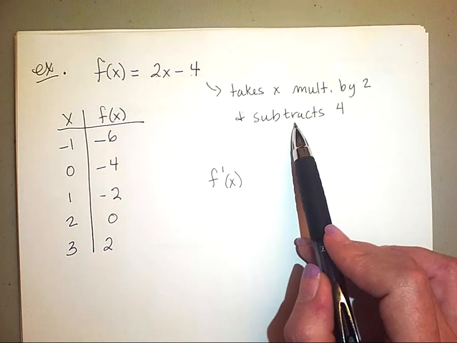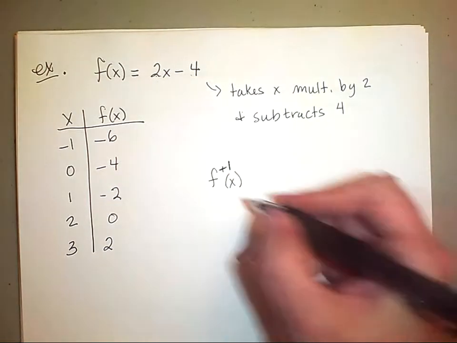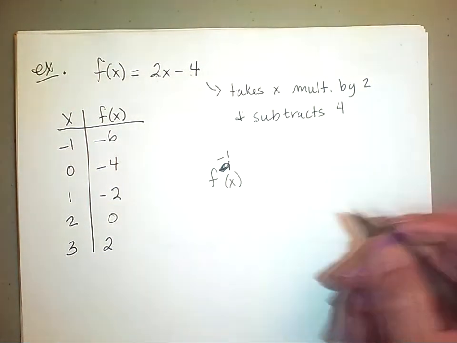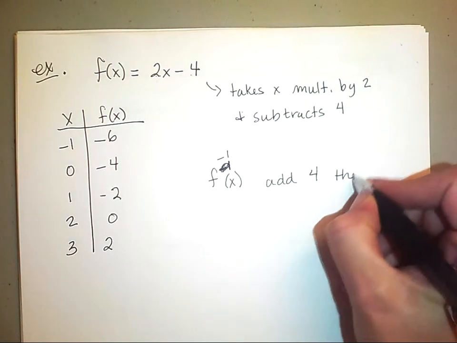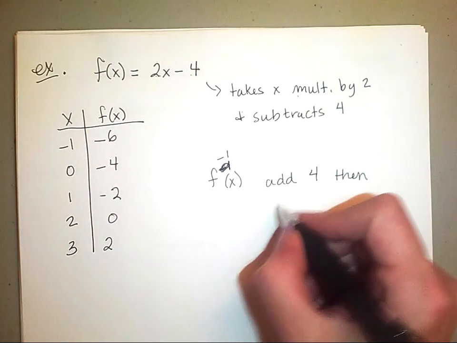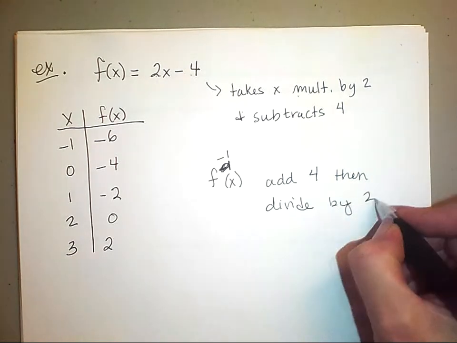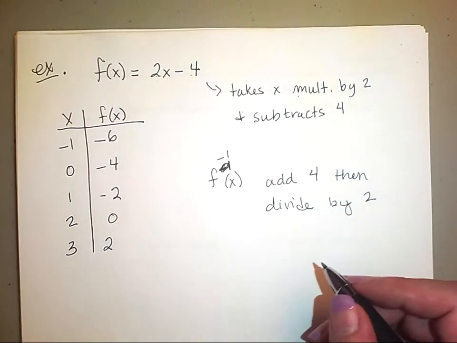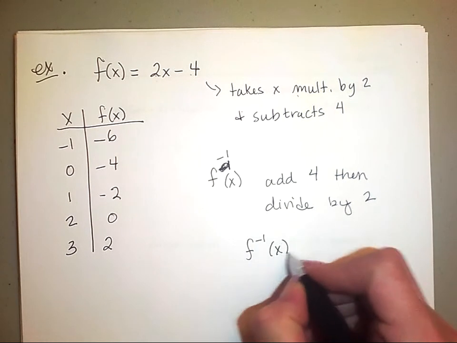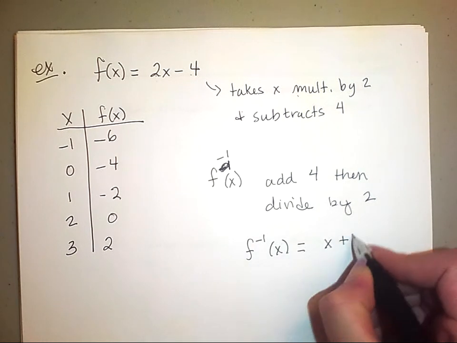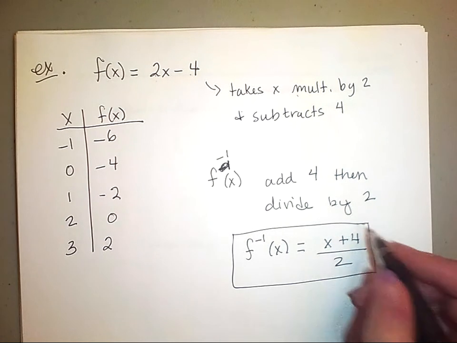Instead of subtracting 4, f inverse needs to add 4, and then, instead of multiplying by 2, we need to divide by 2. So we can logic it out that f inverse of x needs to take x, add 4, and then divide by 2. Just by pure logic. Okay?